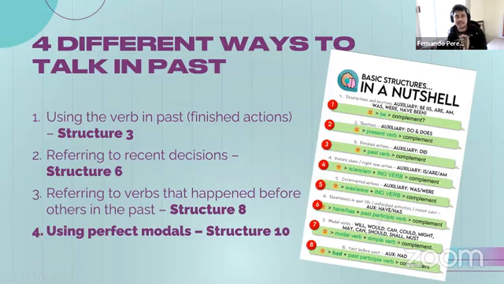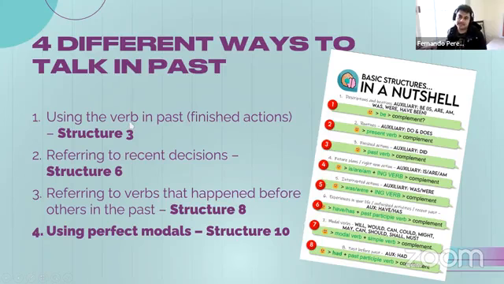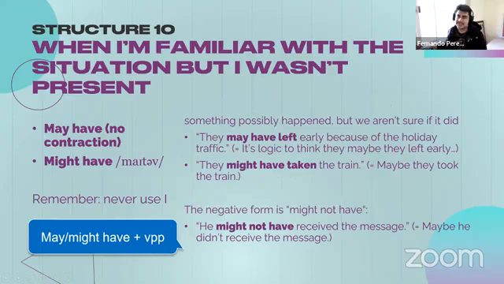So the verb in past participle is because of the "have," not because of the "might." You get it? That's the way you can distinguish these two. Thanks to the structure number 6. Makes total sense, no? That's the one, guys.